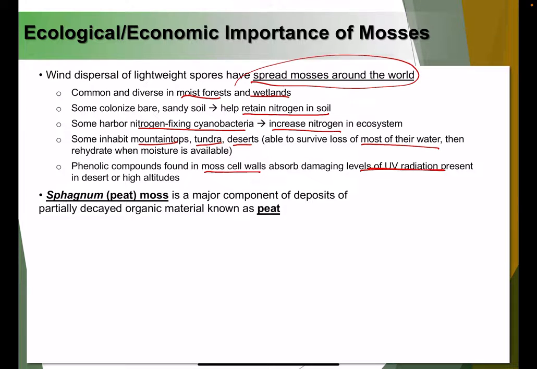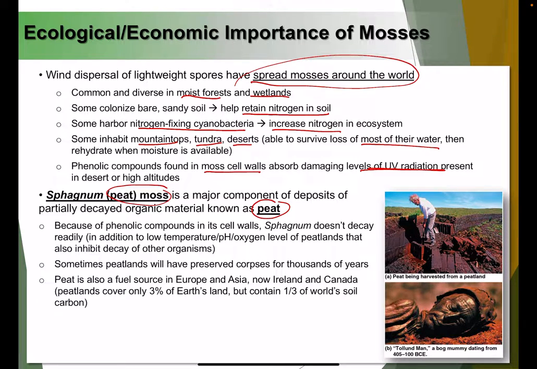So a specific type of moss called sphagnum moss, also known as peat moss, is a major component of deposits of partially decayed organic material known as peat. Because of the phenolic compounds in its cell wall that we just talked about with moss, sphagnum moss doesn't decay very readily.